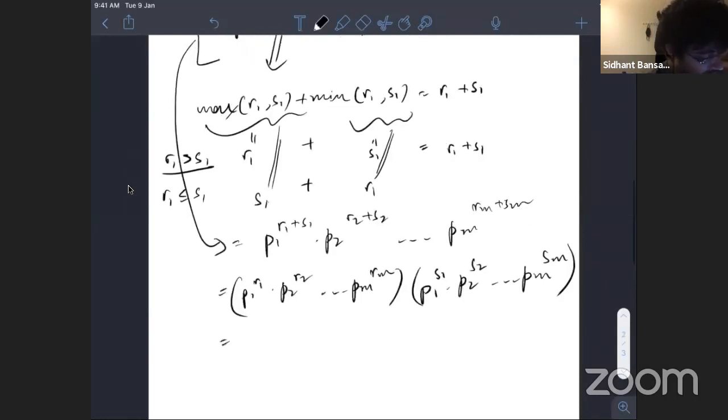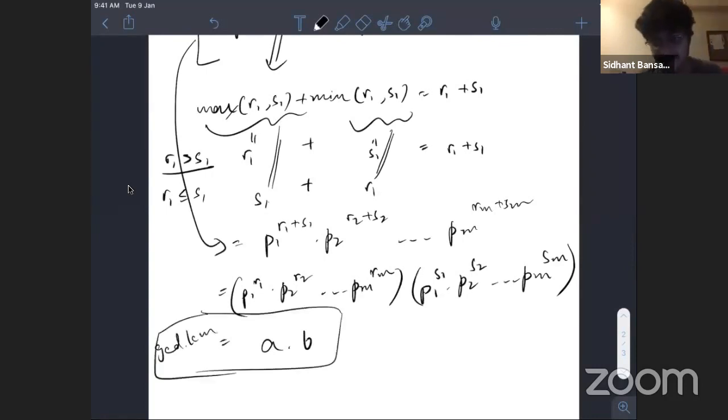And notice that this is actually A, this is actually B, so you got A into B. So you just proved that GCD times LCM is equal to A into B. The max and min are obvious because you eventually get this result that you want. And you can obviously extend it to multiple numbers also, like 3 numbers or something.